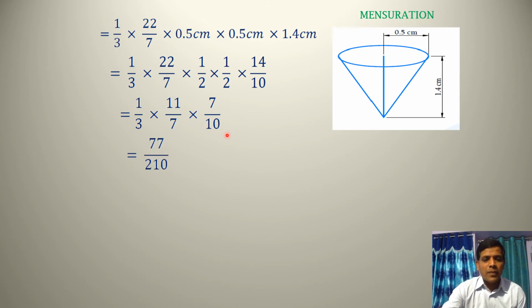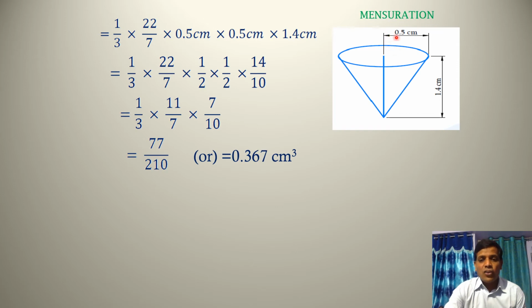So we get 77/210. After simplification we get 0.367 centimeter cube. This is the volume of one conical depression.